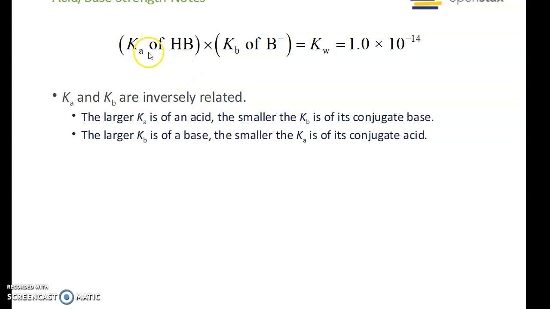So, again, Ka of this times K sub B of the conjugate is going to equal 1 times 10 to the minus 14th. What this just points out is that Ka and Kb are inversely related, just as we saw the pOH and the pH, or the values, are inversely related.